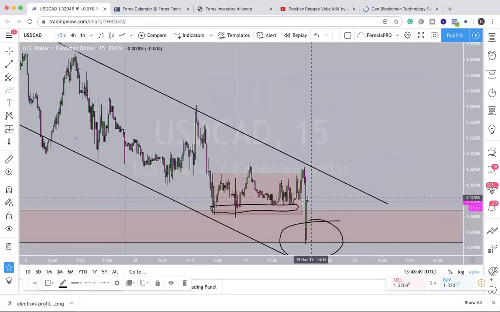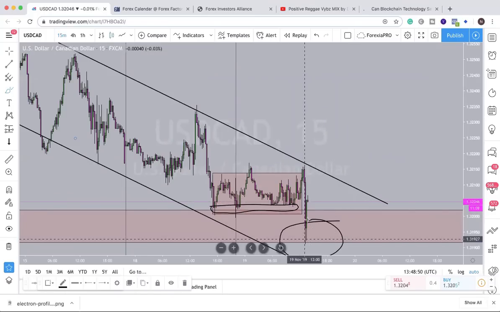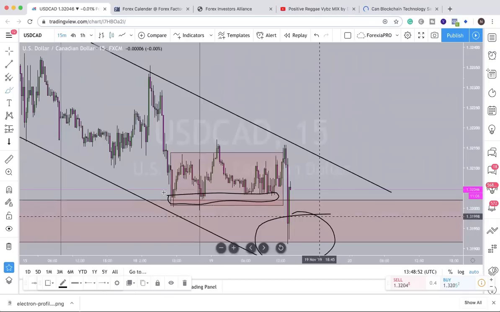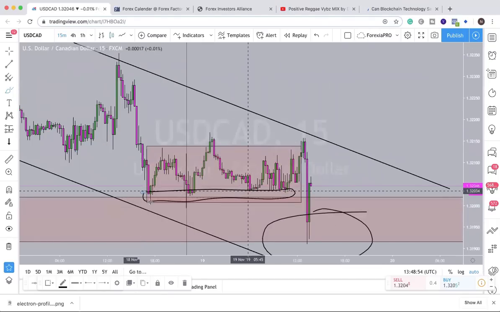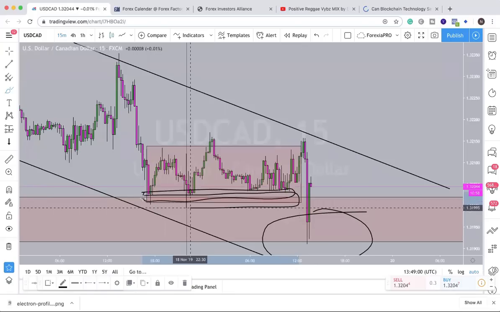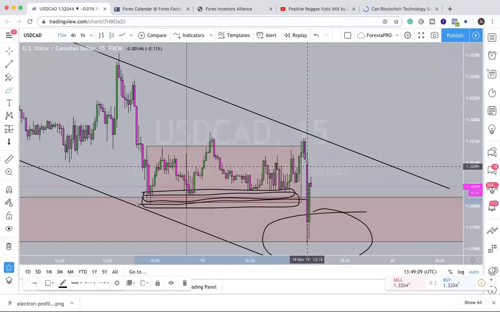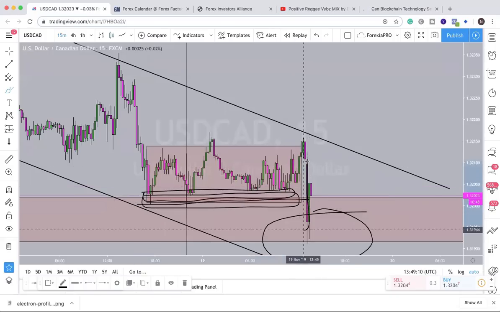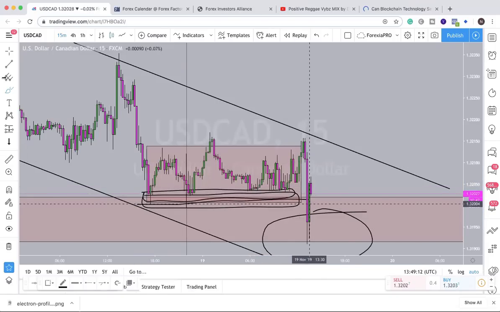So after this spike, what would be down here, you guys? What would be accumulated right here? Retail traders' sell stop orders. They have sell stops right here, and this big fat red candle just triggered those sell stops.